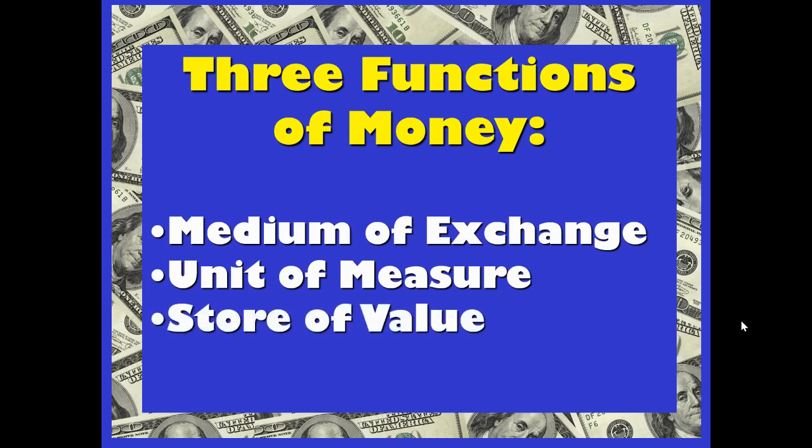As a store of value, obviously money needs to retain its value over the long haul. Most of us will earn income, but we don't plan to spend all of that income right now. And if we're doing this right and managing our nation's money supply the right way, then in future months, we'll be able to rely on that earned income and expect that it will buy about the same amount of goods and services that we expected when we earned it in the first place.